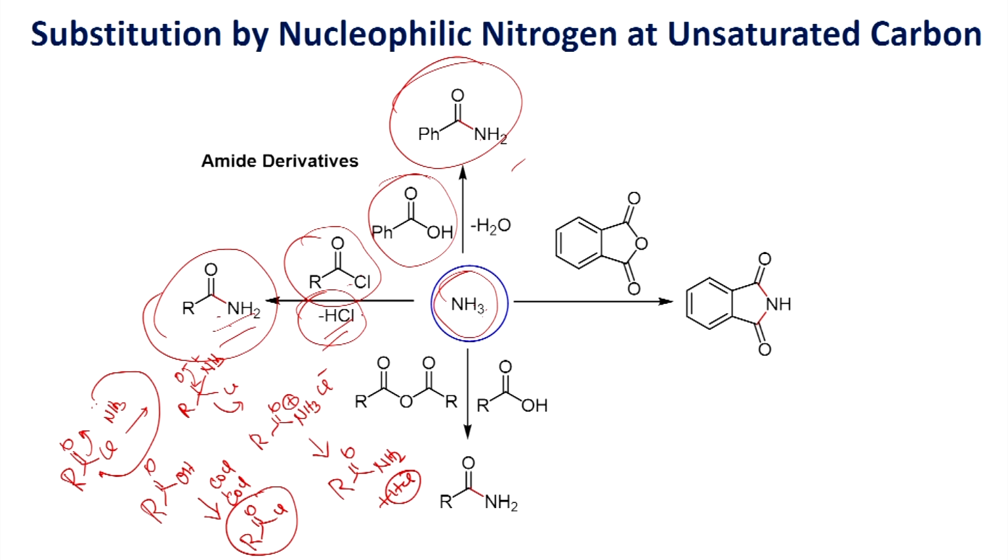In place of acid chloride, you can also use acid anhydride. This also can readily undergo reaction to give amide as a product, where you generate acid as a byproduct.